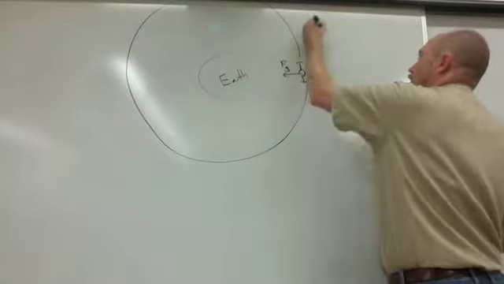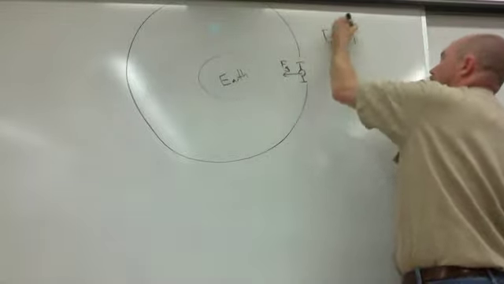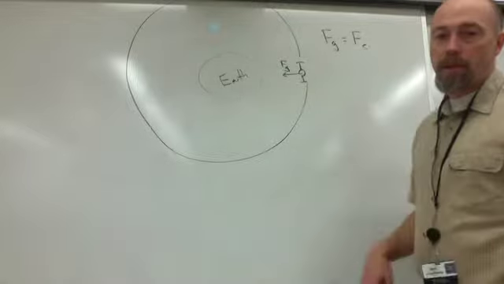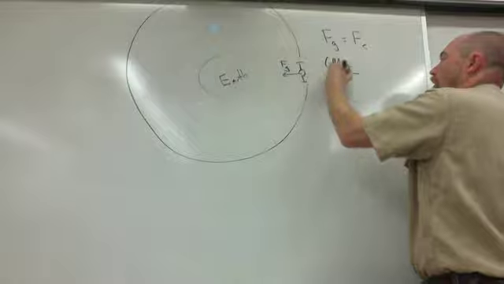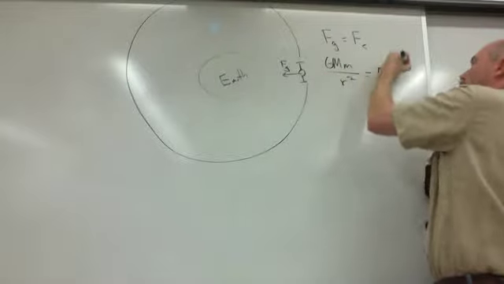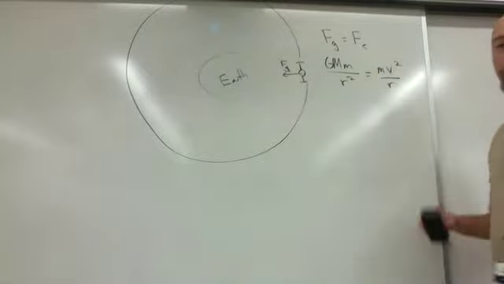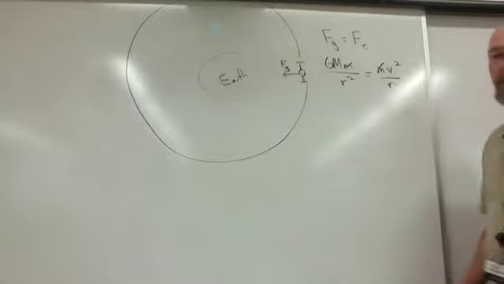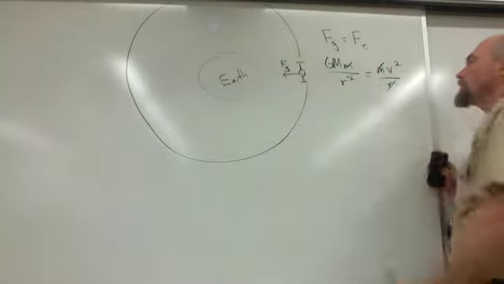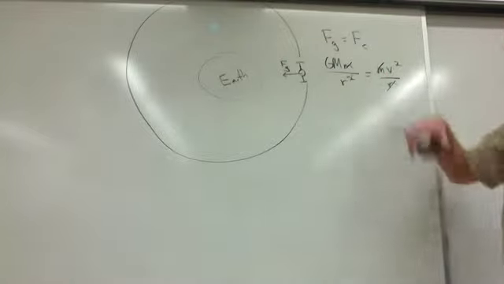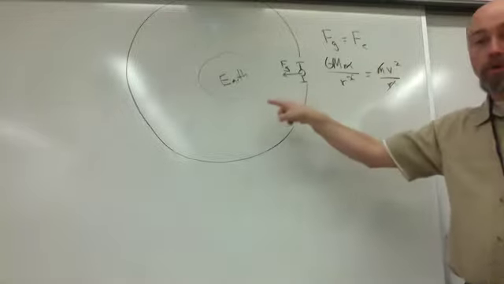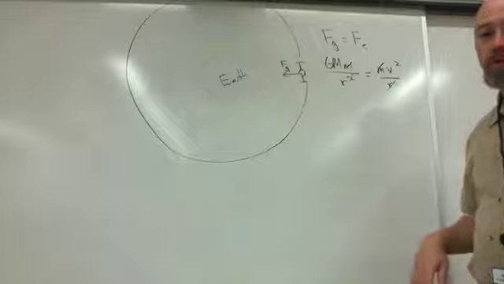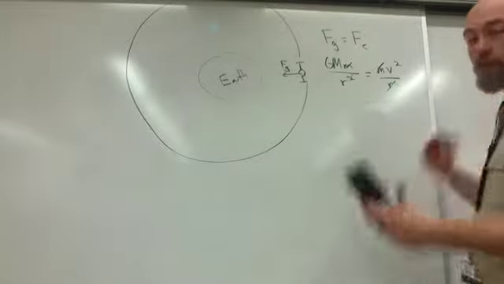So I would say Fg equals Fc. But then I'd have to be careful, because Fg is GMm over r squared equals mv squared over r. Now hopefully it makes sense if I make big and small m's, one of my r's goes away. And then you could solve for all kinds of cool stuff like, how fast is that spaceship moving at a certain distance away?